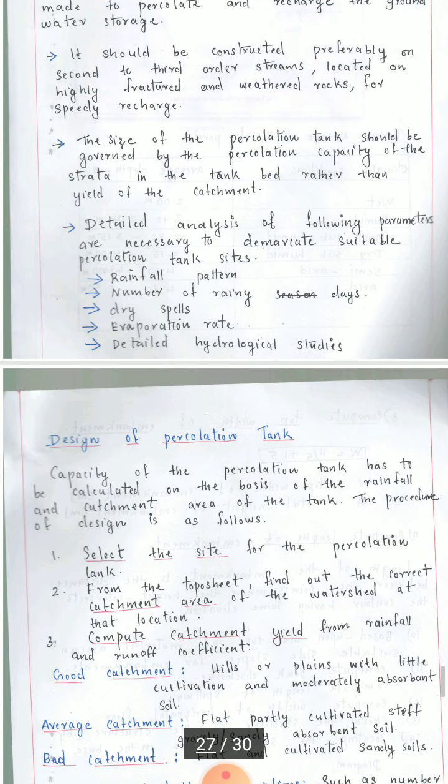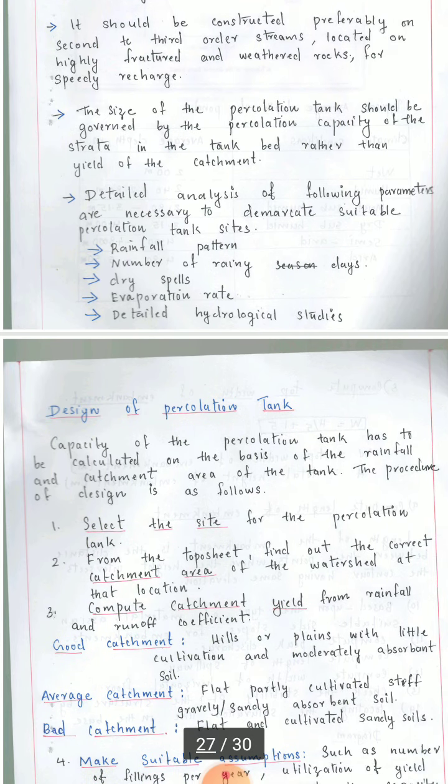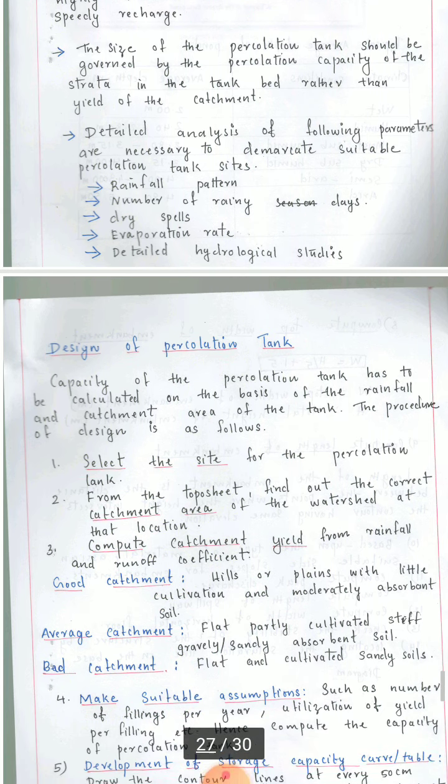It should be constructed preferably on a second to third order stream located on highly fractured and weathered rocks for speedy recharge. Means if we want the groundwater to recharge fast, this type of structure should be constructed on the different fractures present in the earth surface as well as the weathered rock, so that the recharge can be easily done.